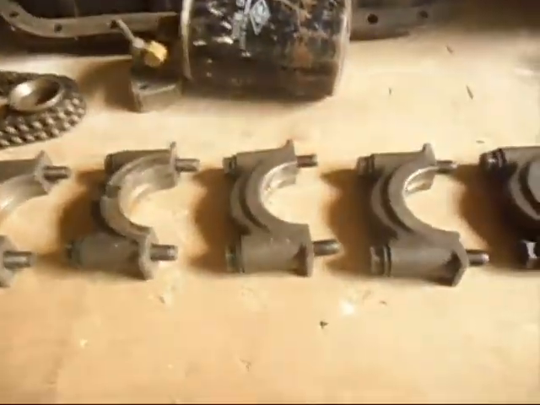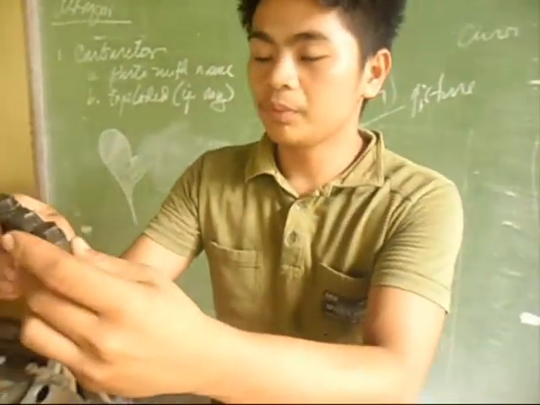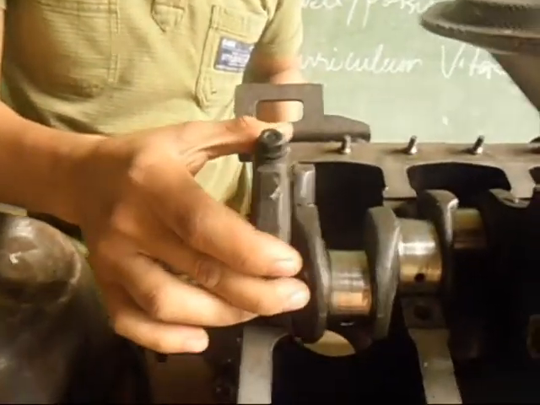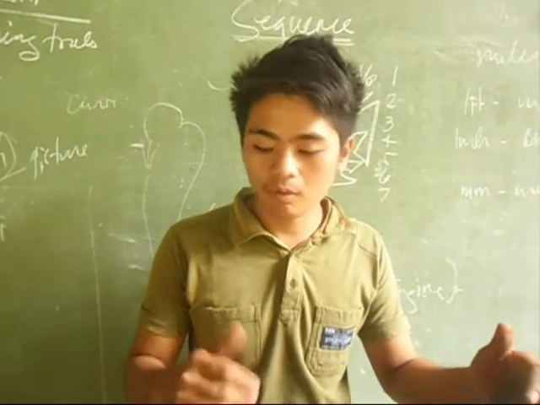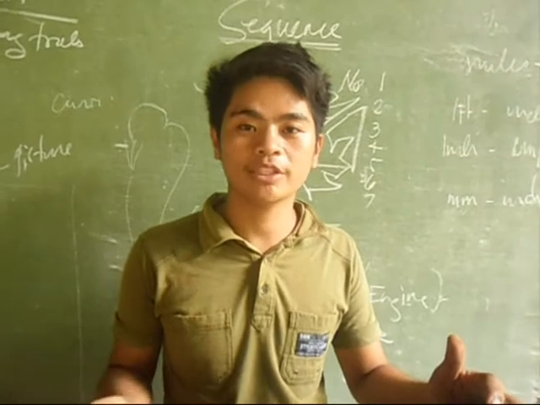And this we call the main journal cap. Then this is attached over there, and that's all the naming of the parts of the exploded engine.